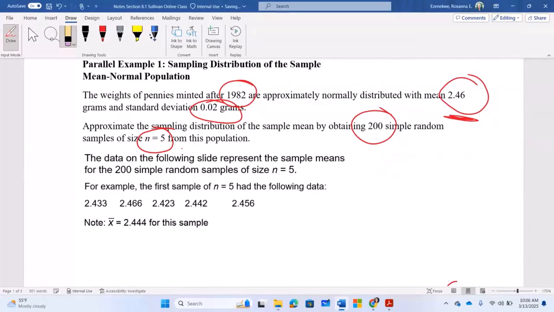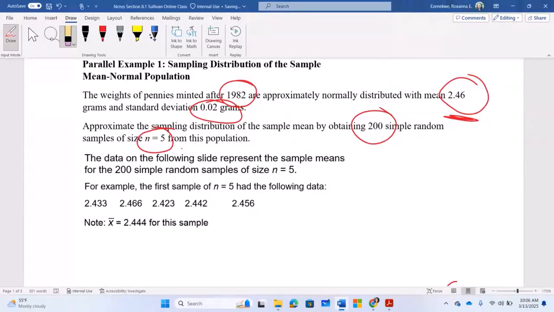So imagine getting 5 pennies from maybe North Carolina, weighing them and finding the average to be 2.46, then getting 5 pennies from South Carolina. By the time we go through almost all the states, there are 50 states, it's not up to 200. Then we start going maybe to the malls.